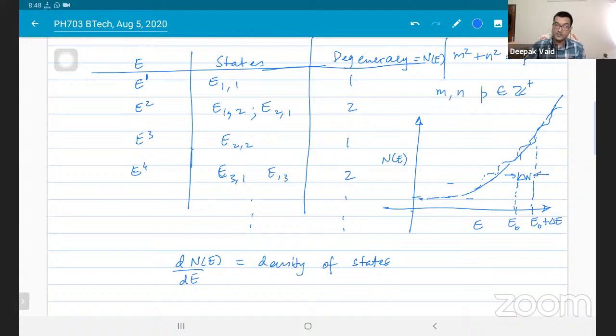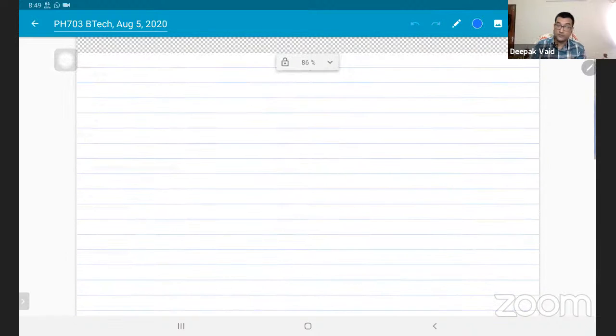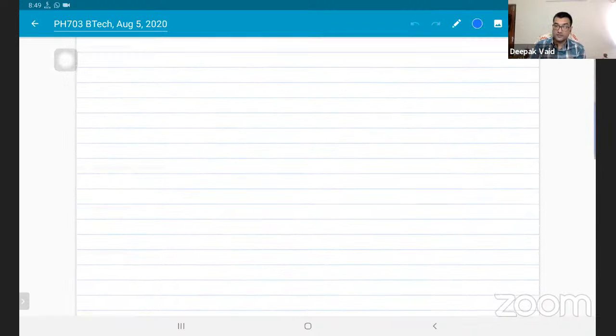The number of states per discrete energy level will drop. You won't get a continuous line, but it will be a decreasing function of E, because as you go to higher and higher energies, the gap between the next energy and the first energy becomes larger and larger, right?